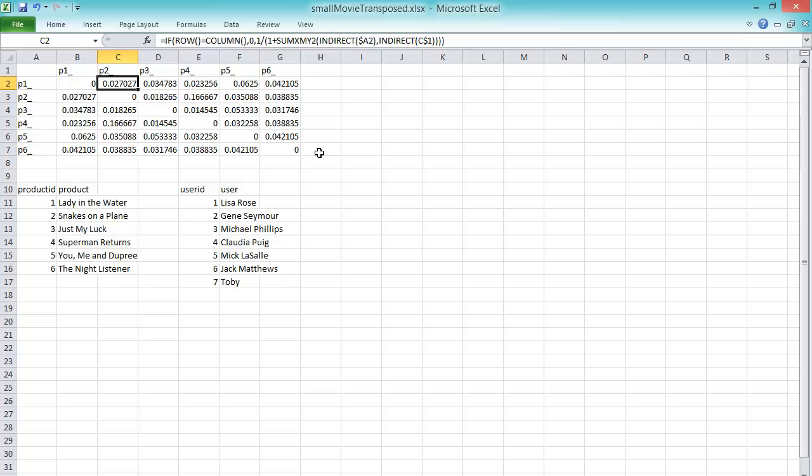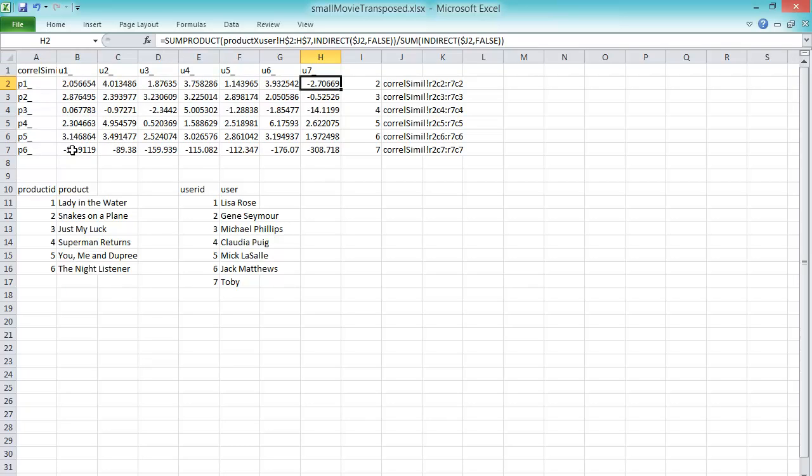And then from the Euclidean similarities table, it takes all the first product's similarities, and then it gets the score for product 1 user 7 by multiplying them one by one, and then by dividing with the sum of similarities. So it's essentially the same formula. Let's not go into that deeply. But what we get is now everything is product based.